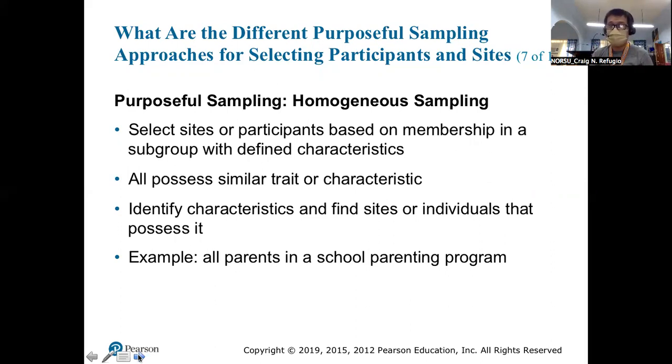The gays who wear makeup, who likewise cross-dress, that is a similar trait or a similar characteristic. Identify characteristics and find sites or individuals that possess such. Example, all parents in a school parenting program. So all of those are parents and they belong to a school parenting program.